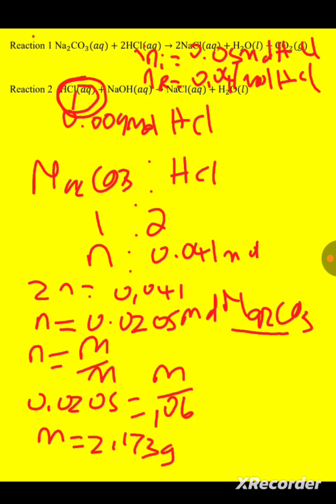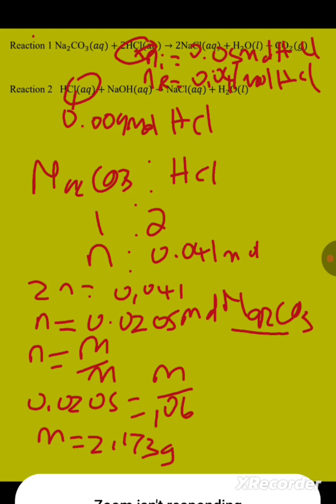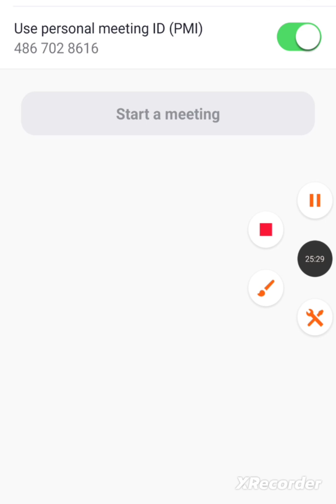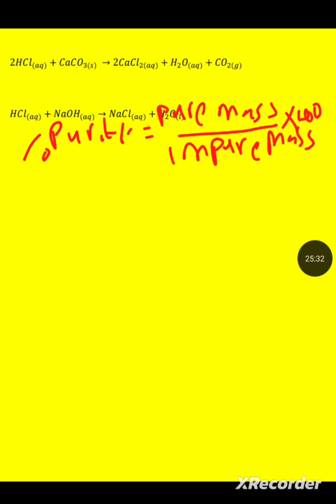Now, after getting the reacted number of moles, okay, you now use the ratio to get the pure mass. To get the pure mass. Right.